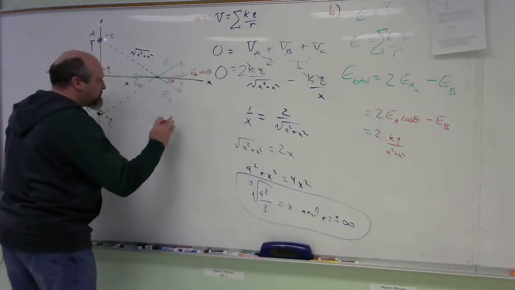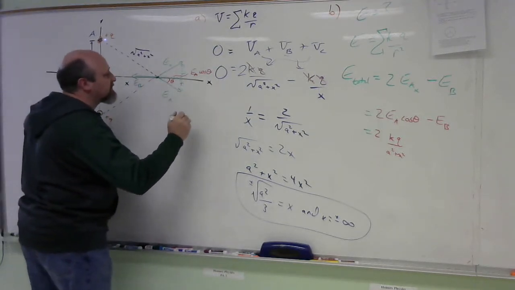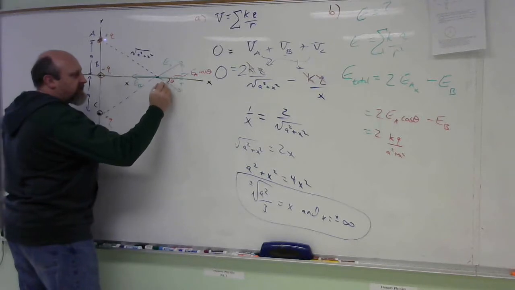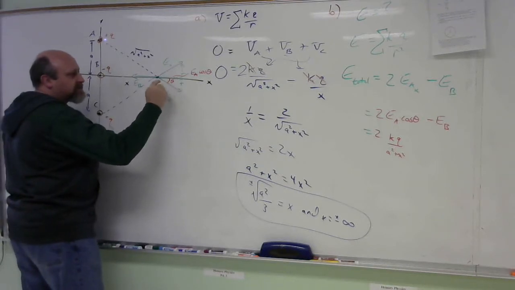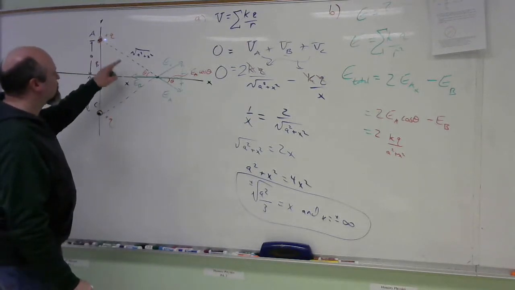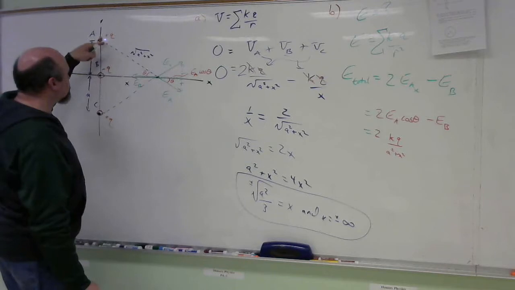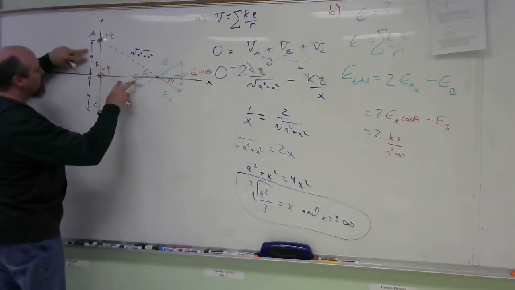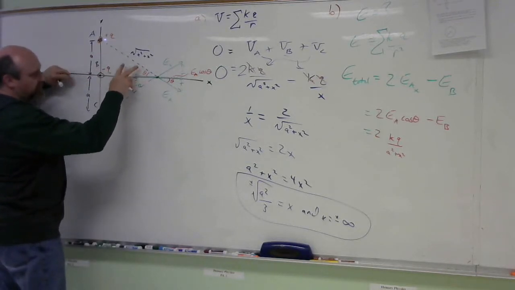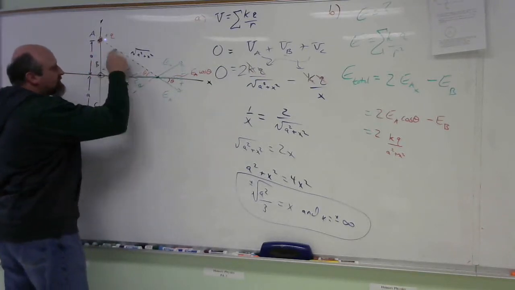The trick to doing this, and I think you remember from seeing this earlier last unit, is that this angle here is a vertical angle with this angle here. This is a triangle made up of E field. This is a triangle made up of distances, and we know these side lengths here. So I can find the cosine theta using this triangle.